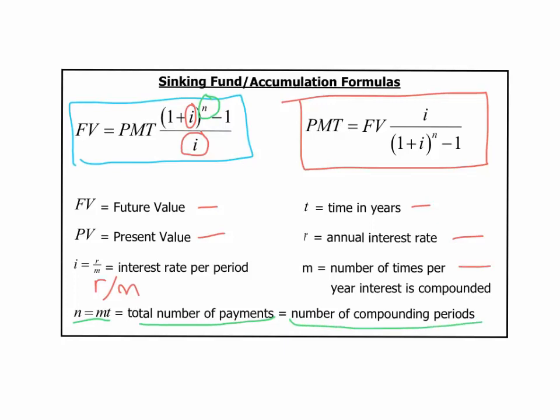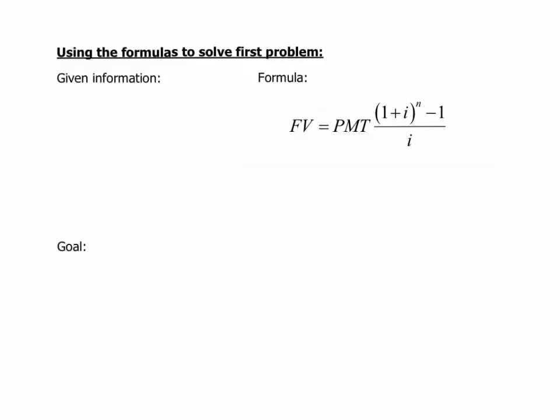So let's look at that same problem with the sequence of $500 deposits and find the future value using our formula instead of the method we used. We need to figure out what these values are in our formula.